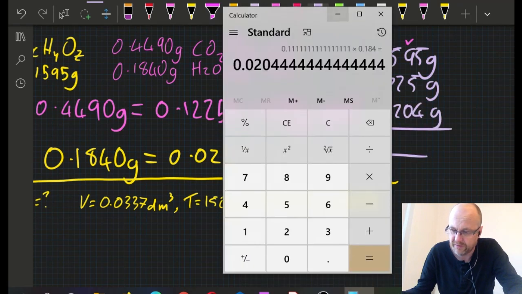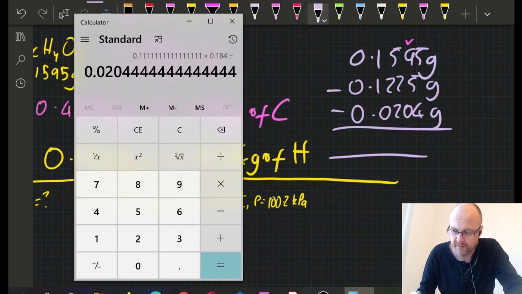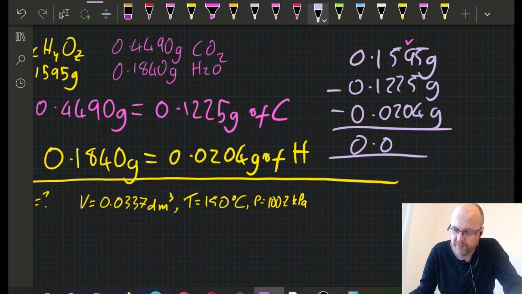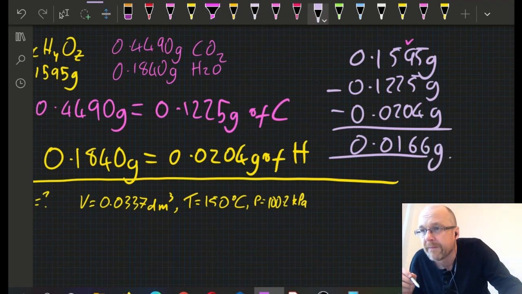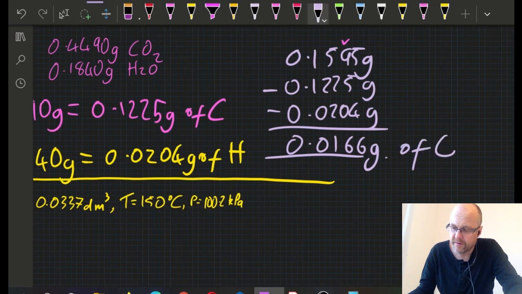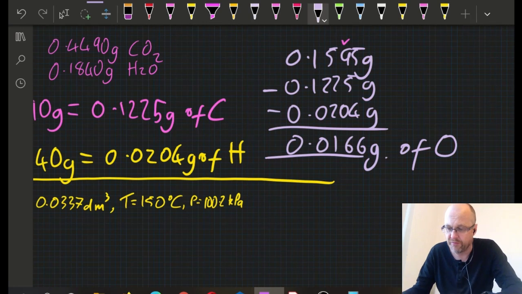So that's going to be the mass of the oxygen, 0.0166 grams. That's my mass of oxygen, and we're only about halfway there. Now we have to work out the empirical formula.